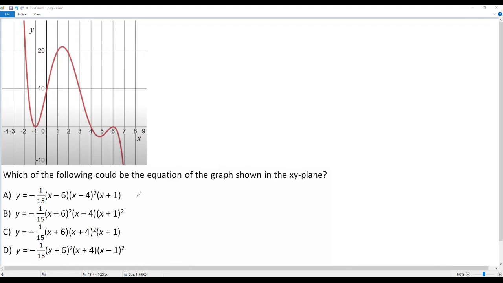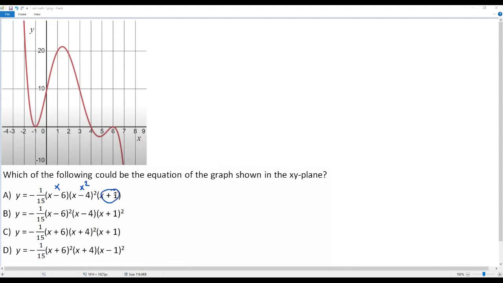So now, in the given answer choices, first we have to pick the answer choices where we get a polynomial function which has odd degree. Okay, now let me consider answer choice A. In answer choice A, here we have three factors. This one is linear, but this one is quadratic because here we have exponent 2. From this linear factor, we can get x. And from this quadratic factor, we can get x squared, because when I expand this binomial, I'll be getting x squared as the leading term.